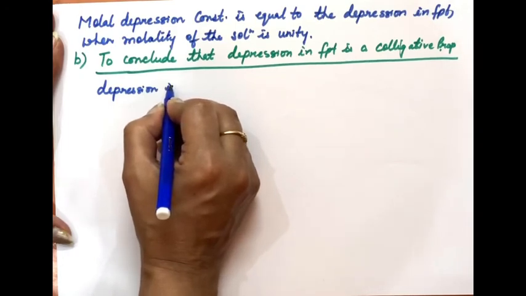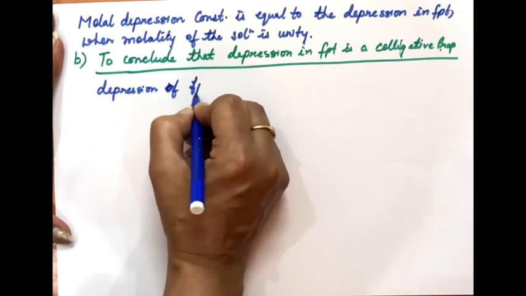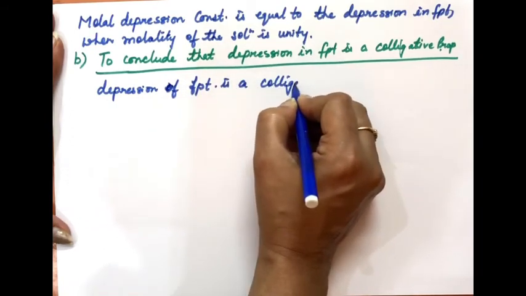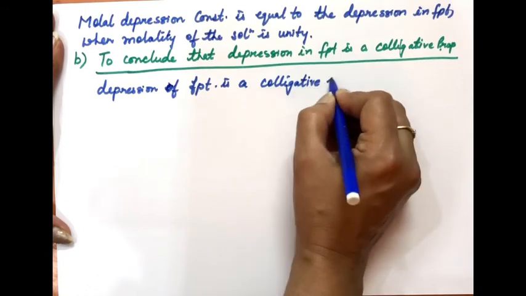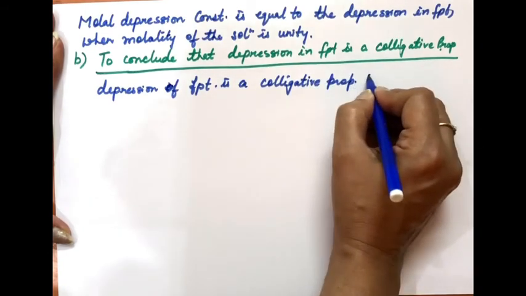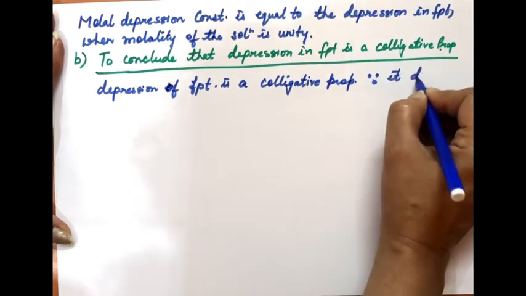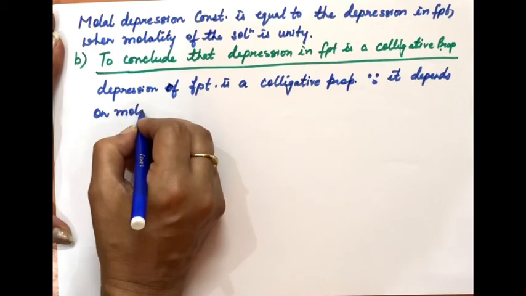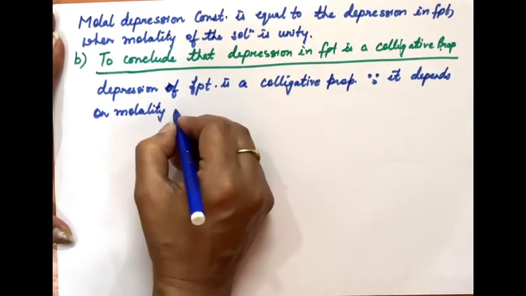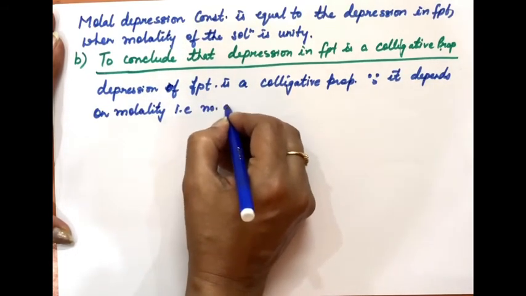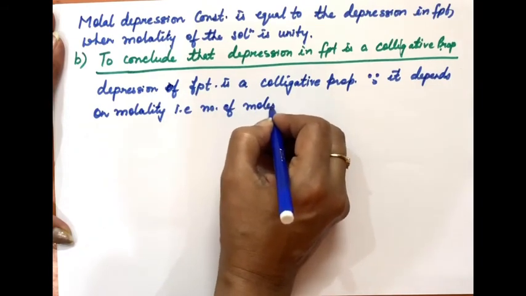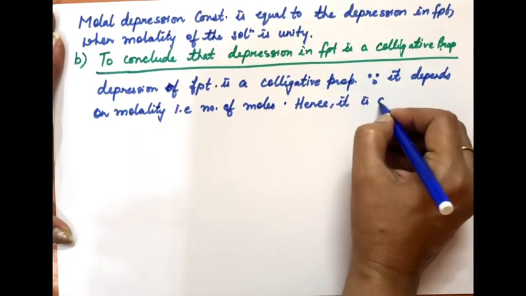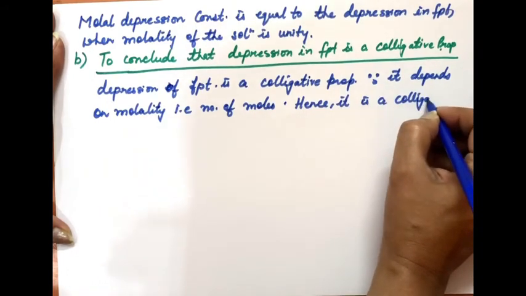Since this depends on number of moles of solute, that means this depends on the number of particles of solute. Hence, it is a colligative property. So depression in freezing point is a colligative property because it depends on molality. And molality means number of moles of solute. Hence, it is a colligative property.